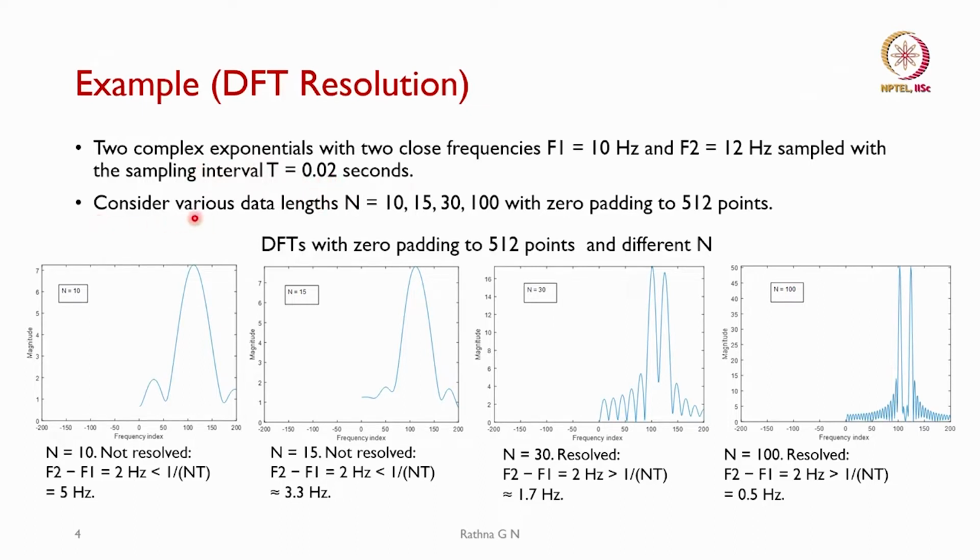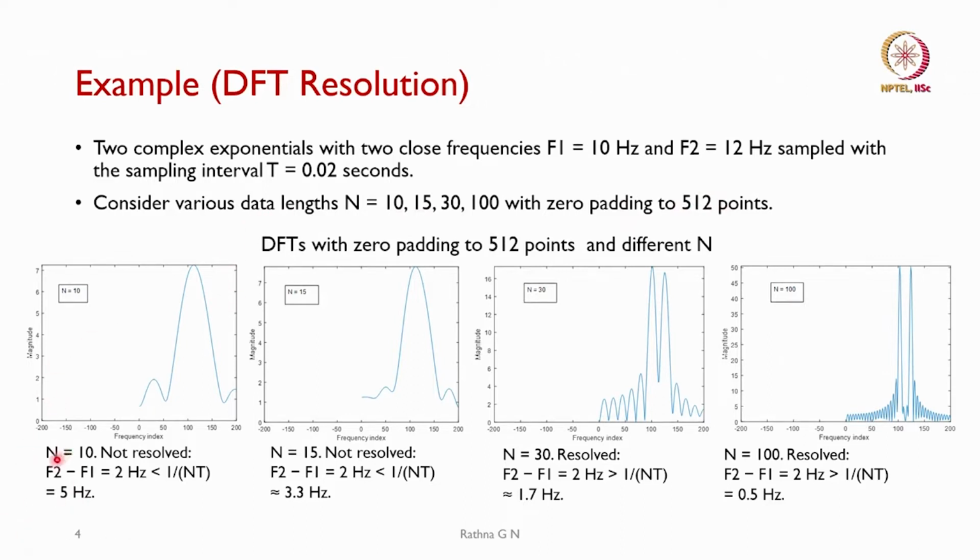Consider various data lengths, N equal to 10, 15, 30 and 100, and pad the rest of the values with 0 so that it becomes 512 points, and then run it in MATLAB.